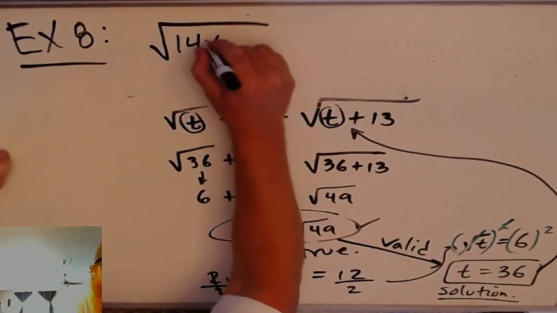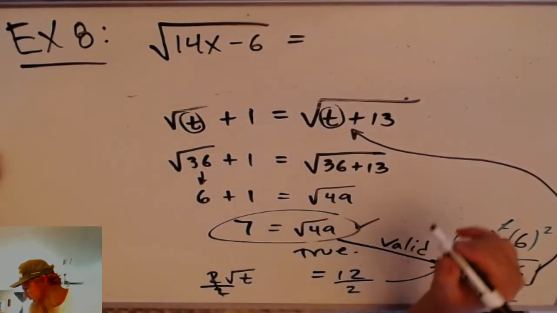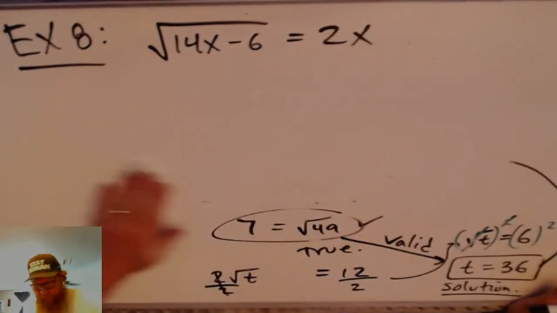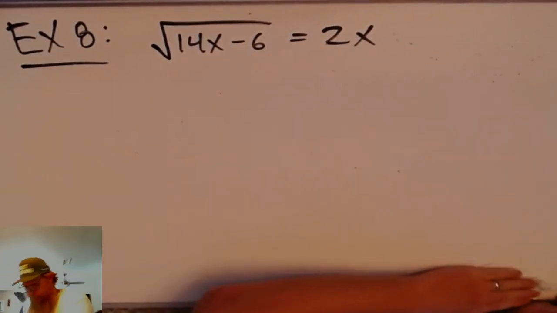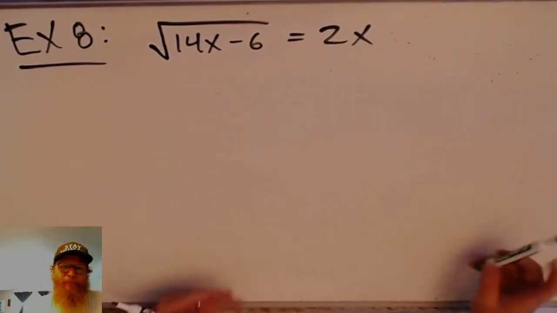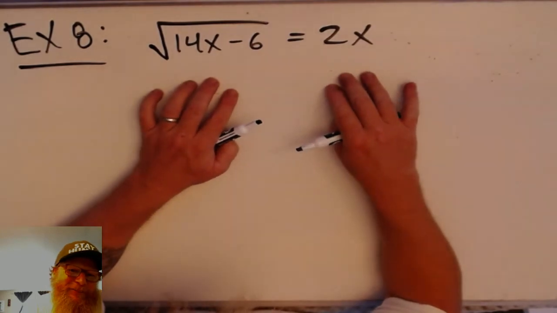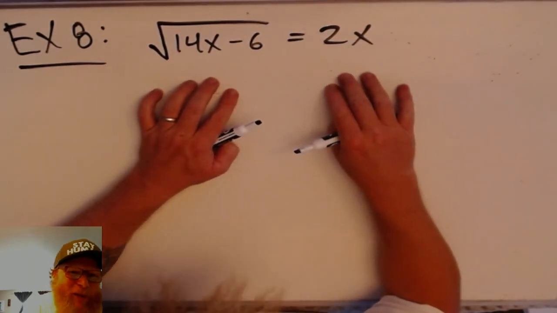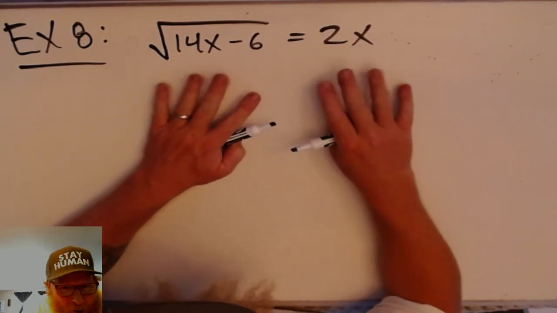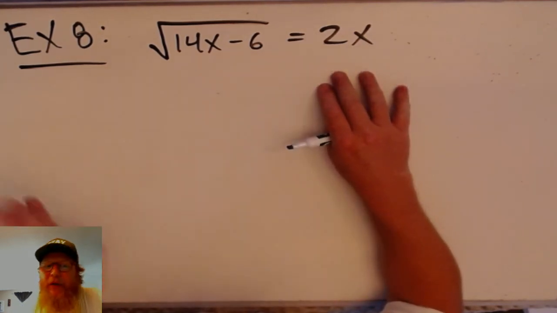Last one, example 8. Square root of 14x minus 6 equals 2x. I gave you a lot of these. I like you guys. I want you to do well. I want you all to succeed. So I gave you a lot of these problems that are already set up, but there's a few that aren't.